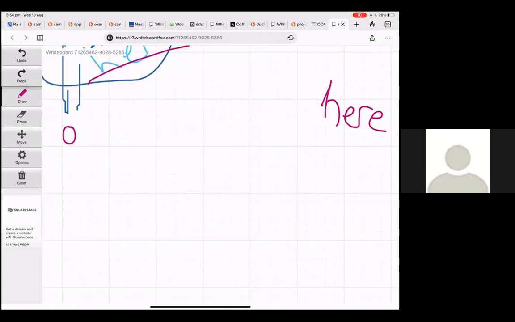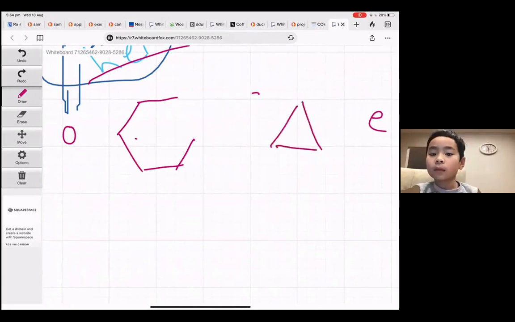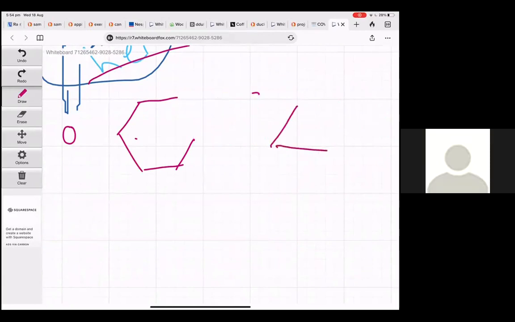We remember it. So Alice has the hexagon. It was like use 3 shapes to make a shape which has a line of symmetry, but 2 different ones. Okay, who's deleting this? I'm not deleting anything.